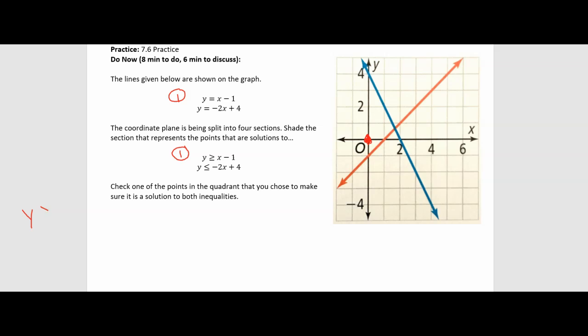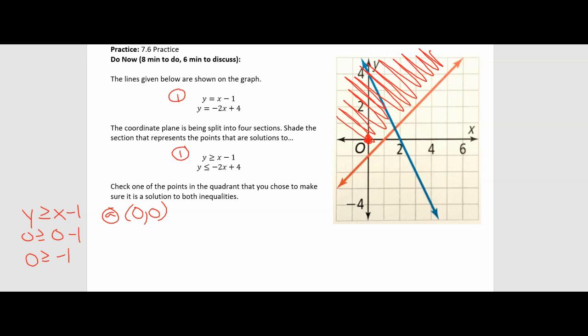So we have y is greater than or equal to x minus 1 at 0, 0. Well, we get 0 is greater than or equal to 0 minus 1. 0 is greater than or equal to negative 1. Well, that works, right? Because 0 is greater than or equal to negative 1. So I would shade this side of the red line, the side that the test point is on.